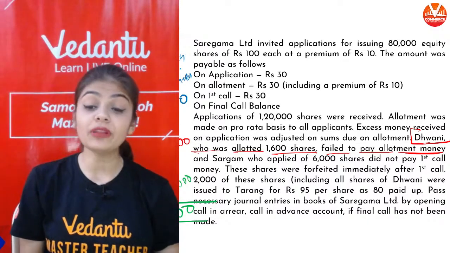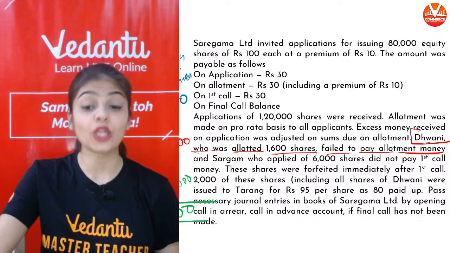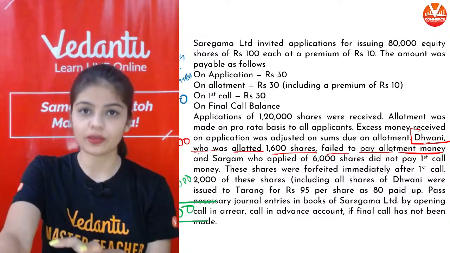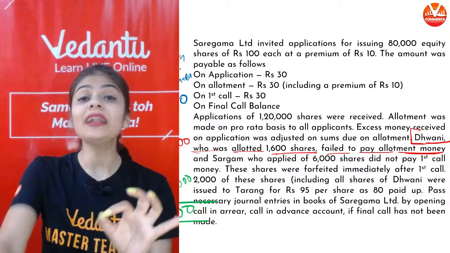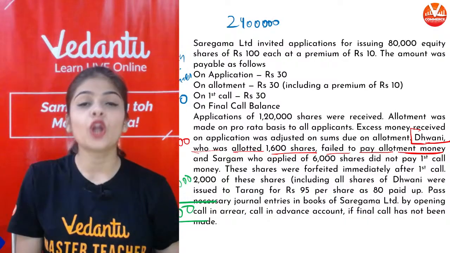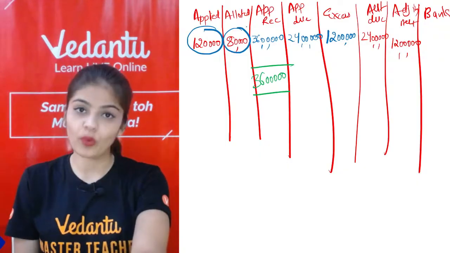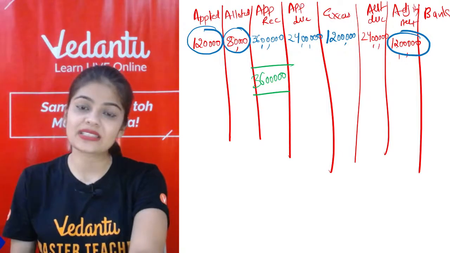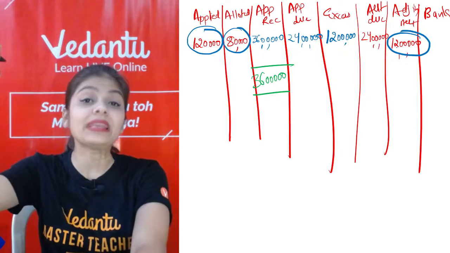So now we will pass the journal entry for allotment money received. Bank account debit to share allotment. Allotment money due is 24 lakh, out of which 12 lakh is already adjusted at the time of application.